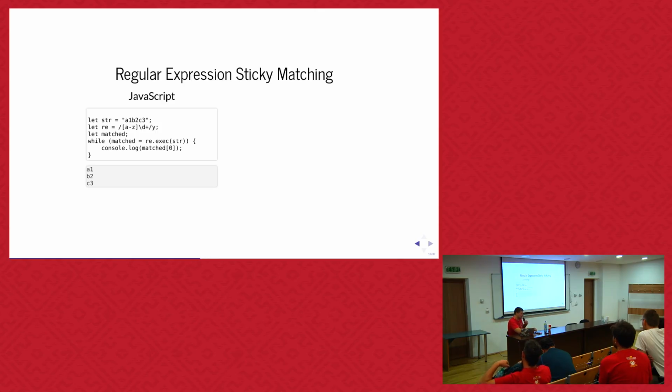Is there anything similar in Perl? Yeah, there is a set of flags, which is G and GC. G matches at the last match position, and C tells it to remember the last matched position, and when you do it in scalar context, it returns the same results.